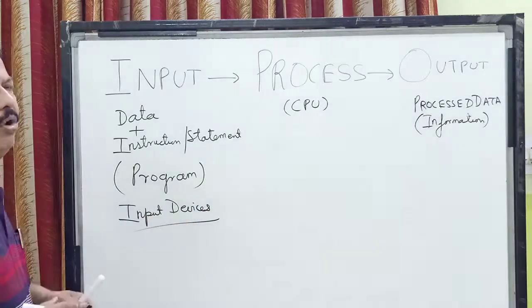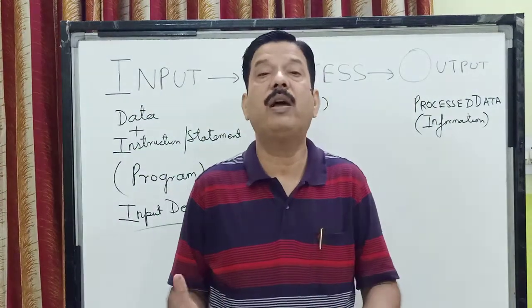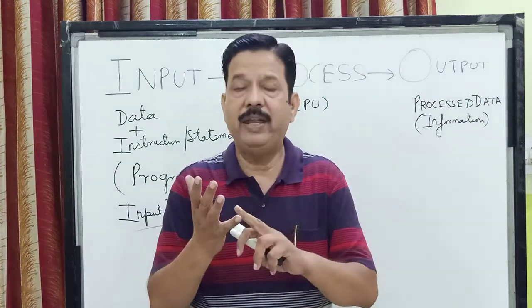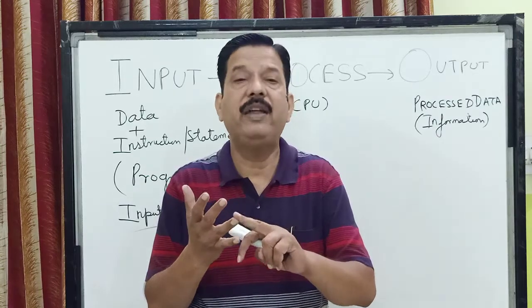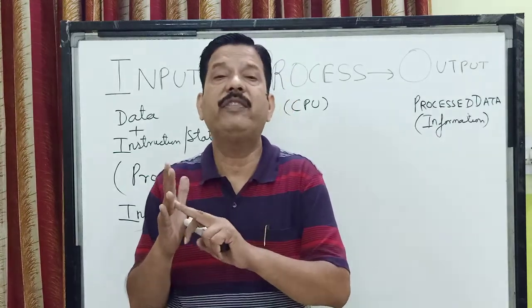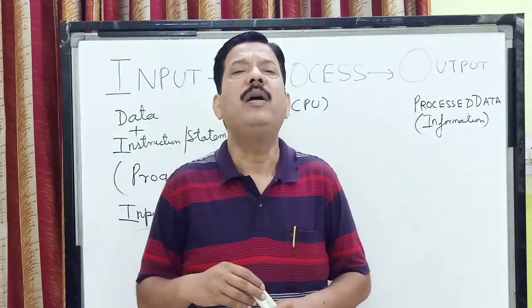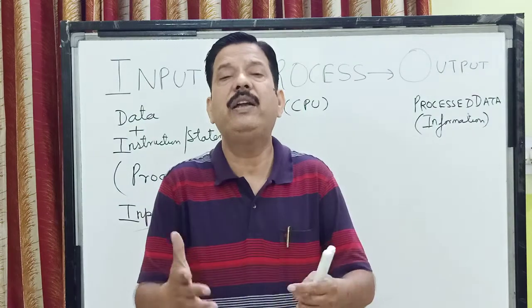Now children, a computer is not only a computer, it is a computer system. A computer contains a keyboard, a mouse, sometimes a webcam, a touch screen, a writing pen or a light pen, and a band like you have to calculate bills. It contains an optical reader.